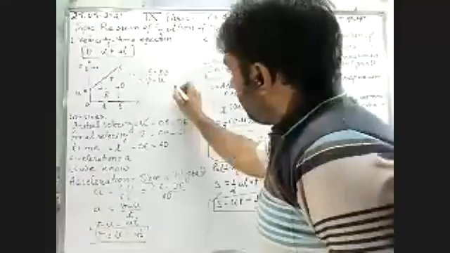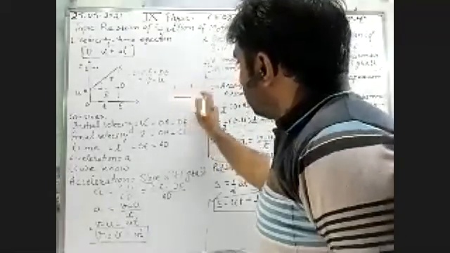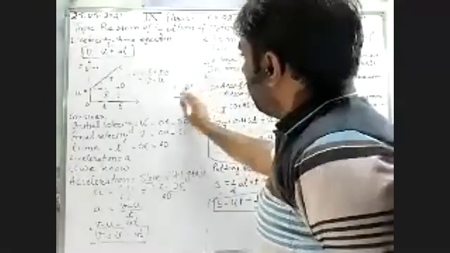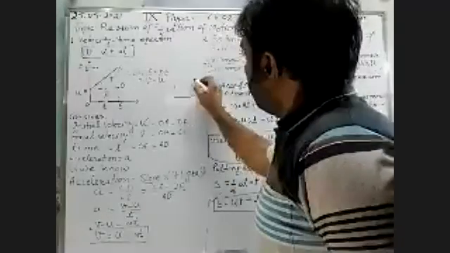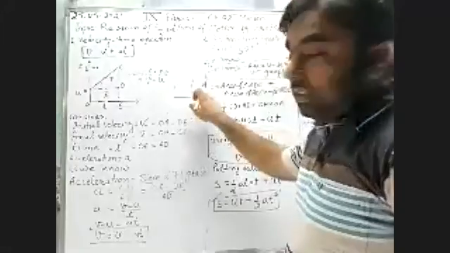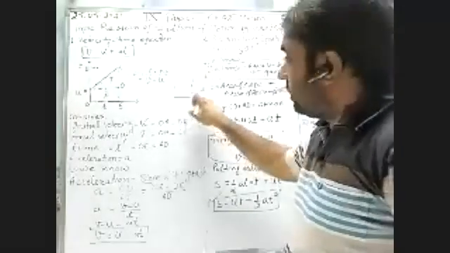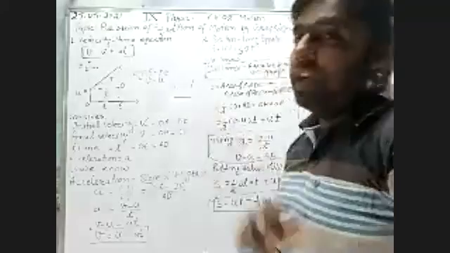A trapezium is any shape in which two lines are parallel and the other two are non-parallel. This type of shape is known as a trapezium.